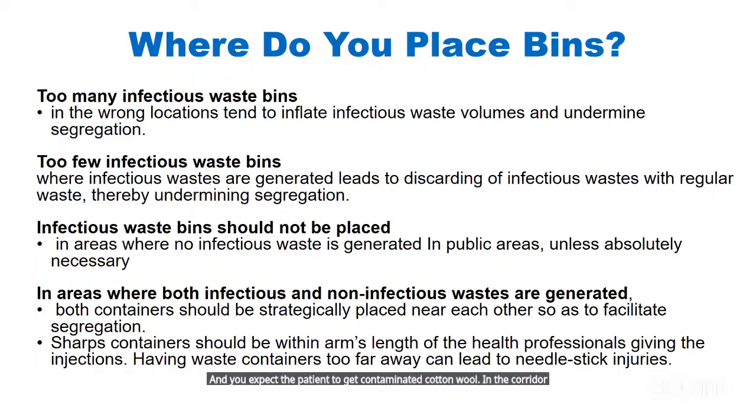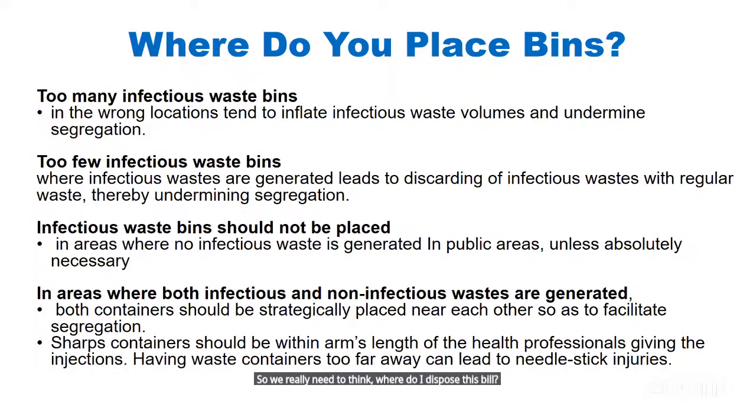No. For example, with a good phlebotomy technique, you are not supposed to release your clients from that room before you remove that cotton wool. So we don't expect a yellow bin outside, but we expect black, because your client might be taking a banana or some food item, disposing of some peppers. So we really need to think, where do I place this bin?